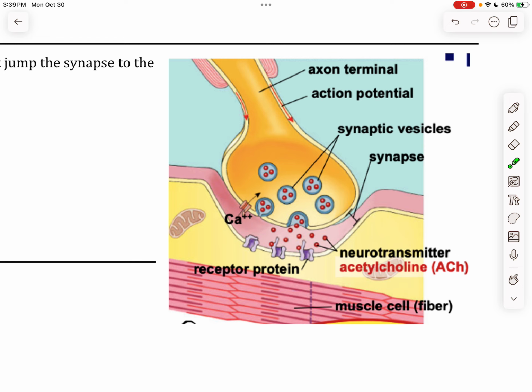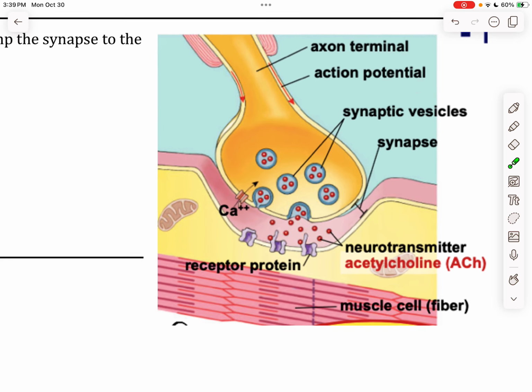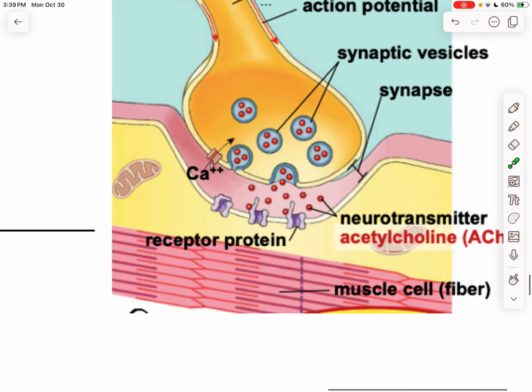The neurotransmitter is going to diffuse from high to low across the synaptic cleft. They're going to bind to protein receptors of the receiving neuron. So here are the protein receptors. And those ion-gated channels are going to open, and the neurotransmitter is going to be either reabsorbed or degraded.